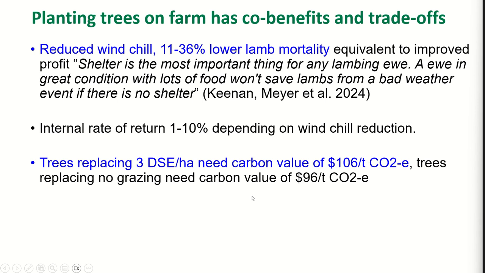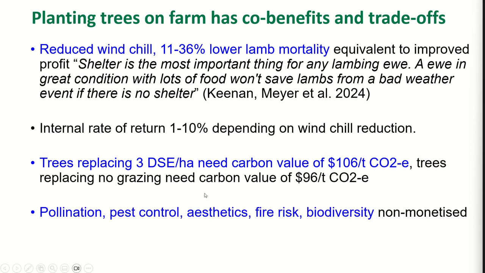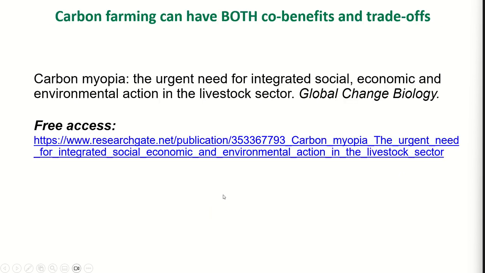So it's not free to plant trees, and there is a cost associated with doing it. But often non-monetised, there's a whole bunch of wider ecological and environmental benefits: pollination, pest control, aesthetics, fire risk, and so on. So it's important to consider these. I detail these with some colleagues in a paper called Carbon Myopia that's freely available online. If anyone wants a copy, I'm happy to send it as well.